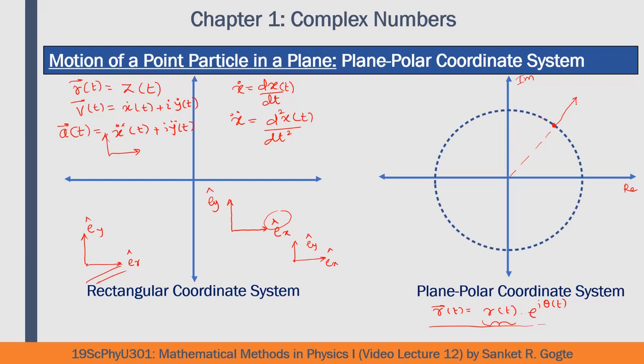So it is the radial unit vector e r. This is the first unit vector when it comes to polar representation. For a point given by the coordinates r and theta, which we are writing as the exponential complex number, this radial unit vector e r can be written as e to the power i theta.